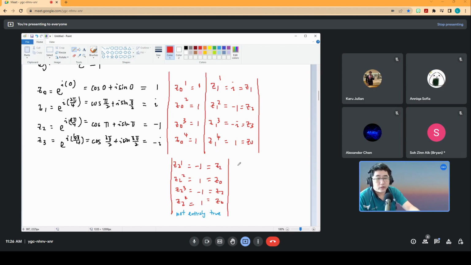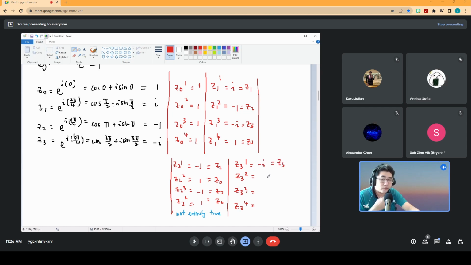So if we look at Z3 power 1, Z3 power 2, Z3 power 3, Z3 power 4. Z3 power 1, of course, is negative i, which equals Z3 itself.